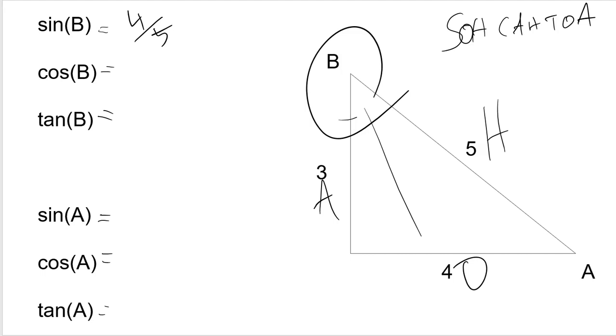Okay, cosine of B is A and H, as it says in SOHCAHTOA. So A is 3, and H is 5. Tangent of B is O and A, so 4 over 3.